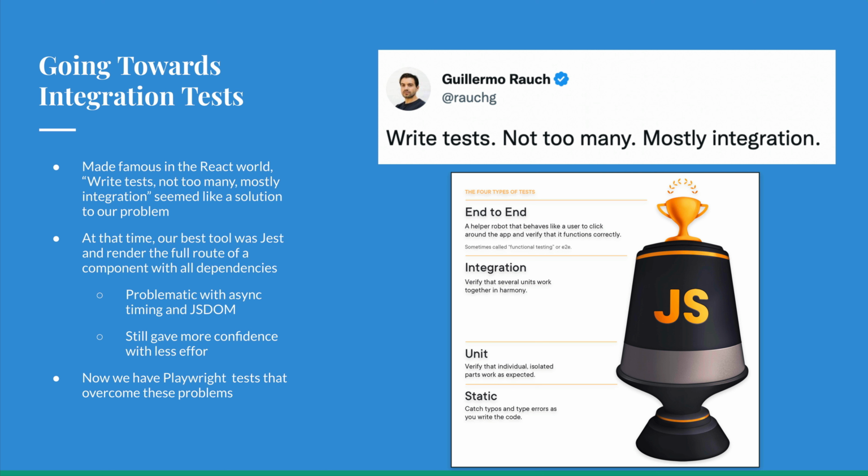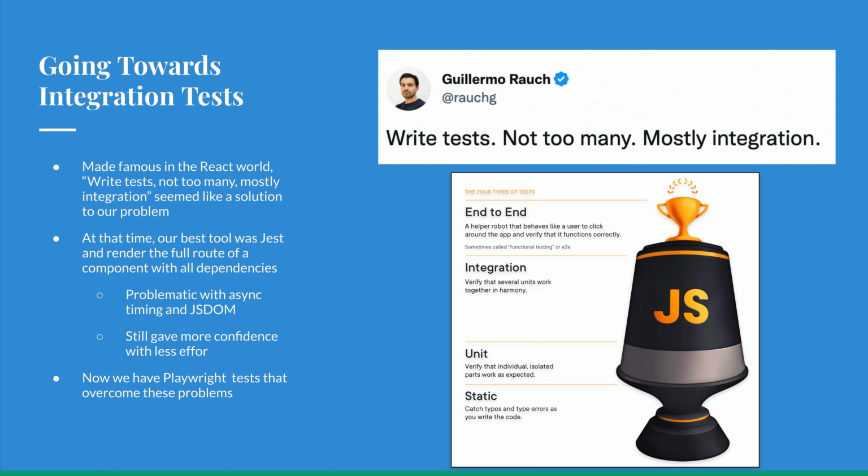So at that time, our best tool was just to render the full route as a component with all dependencies. I started covering use cases with just integration tests, but they had some problems with async timing and JSDOM, which is not a real browser, and they required a lot of test setup, but it still gave more confidence with less effort.